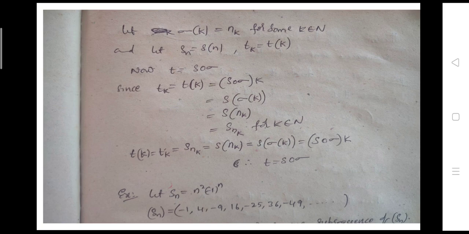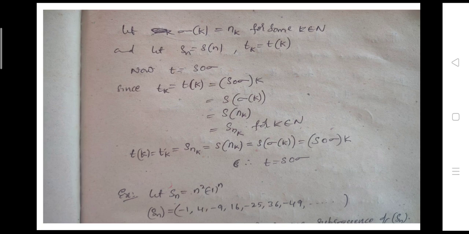Let sigma of k be equal to nk, n suffix k, for some k belongs to capital N, and let Sn be equal to S of n. Tk, T suffix k, is equal to T of k. Now T is equal to S circle sigma, since Tk is written as T of k.